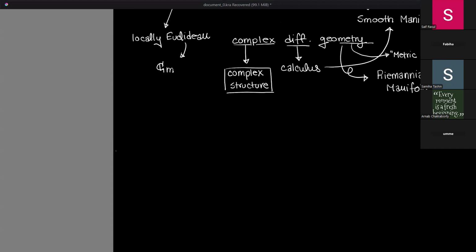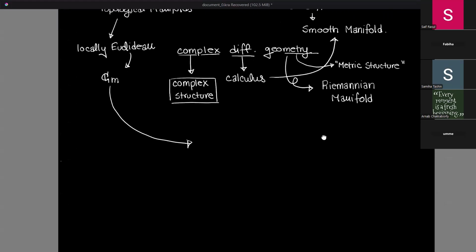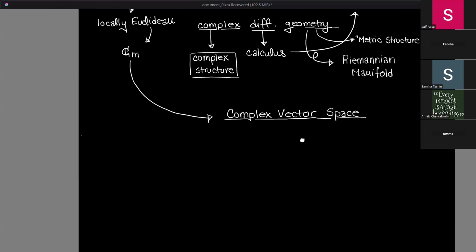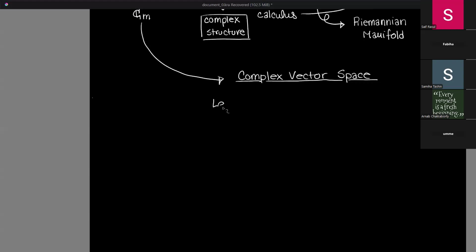We already discussed that locally Euclidean means we're on C^m. So in order to define what a complex vector space is, we first need to define what a complex structure is. So let V be a real vector space.